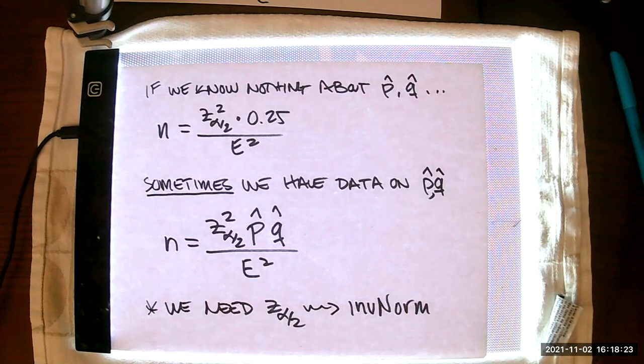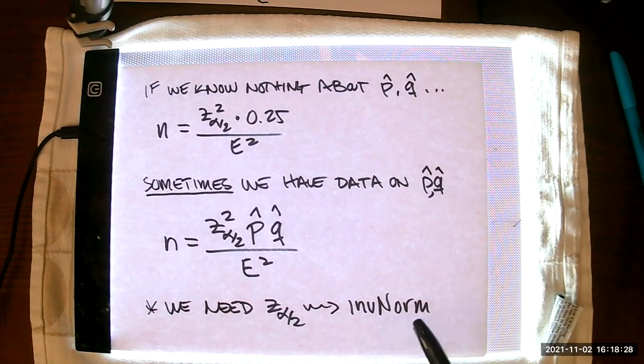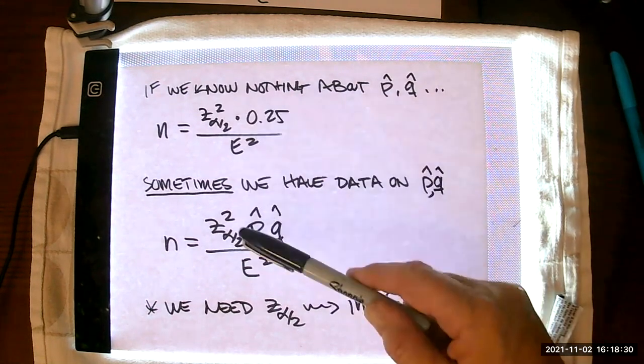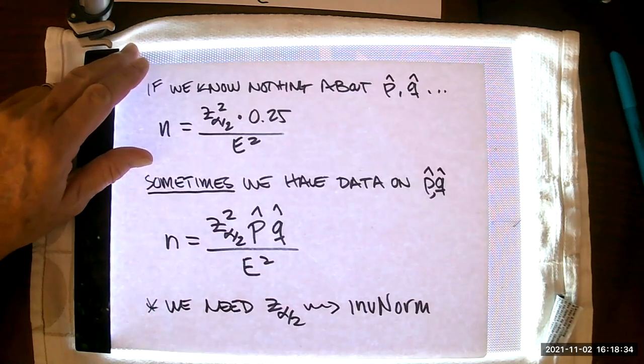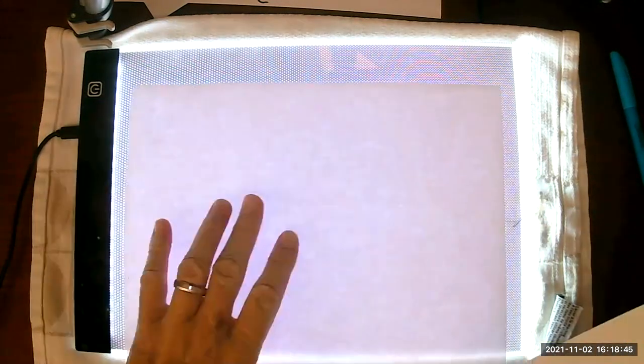And I'll run through those examples in just a moment. But other than that, we need one of these two formulas depending on the scenario. So let me run through an example, and then we'll come up against the weirdest little aspect of this rule or this process.